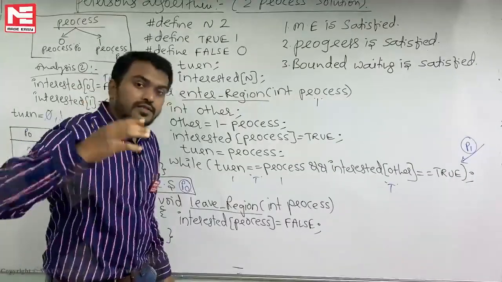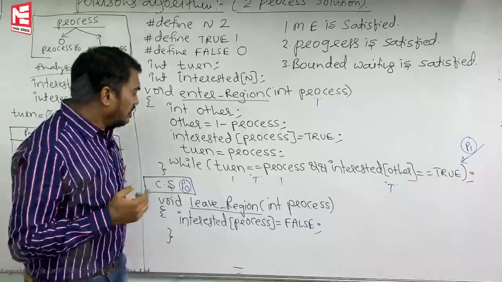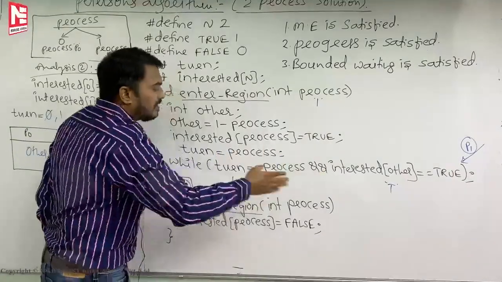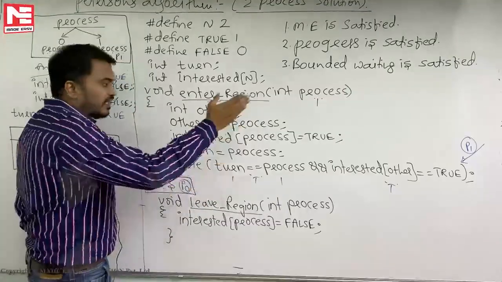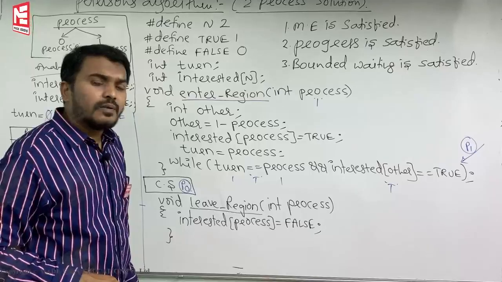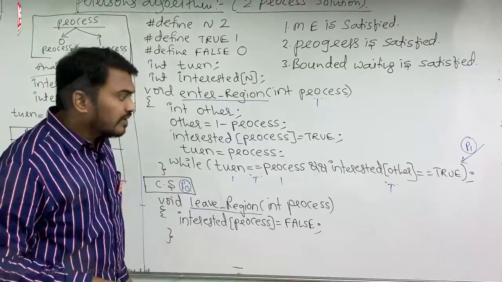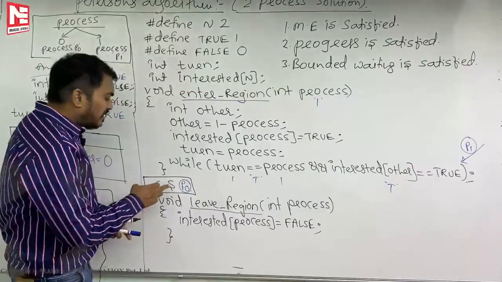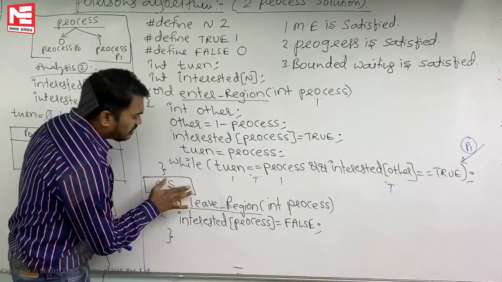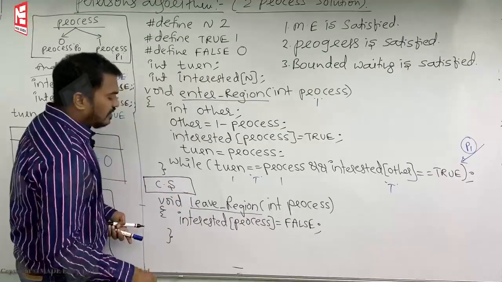Now I am asking the question to you. So look at here, P0 is here and P1 is here. P1 is keep on checking this while condition. Now I am asking the question. So waiting of the P1 is bounded or unbounded? Bounded. Why? Because when the P0 is leaving the critical section, when the P0 has completed the critical section and it is leaving the critical section, then what happens?